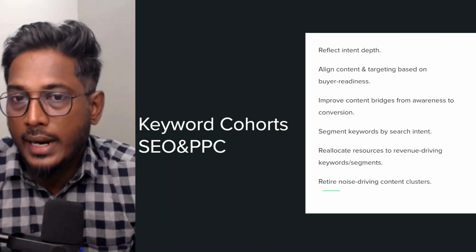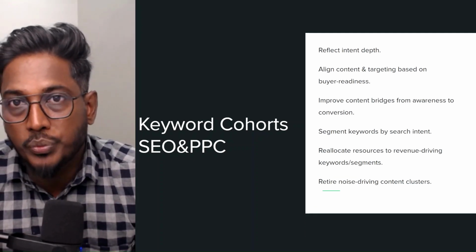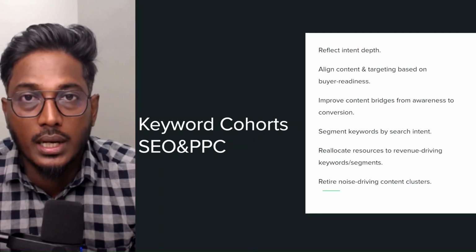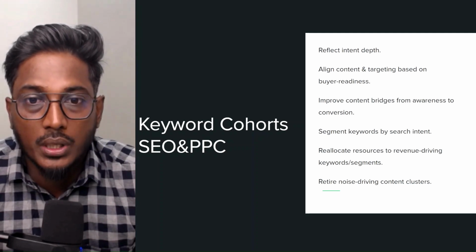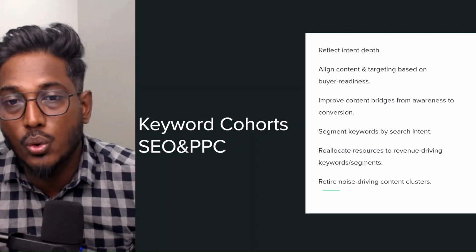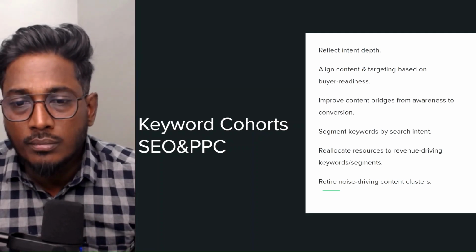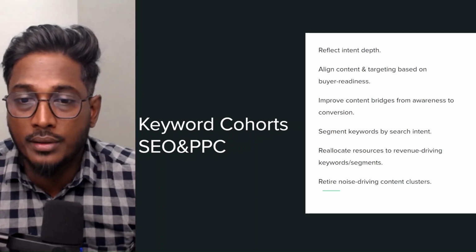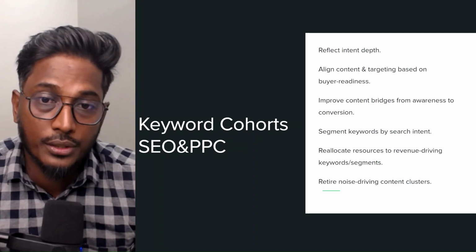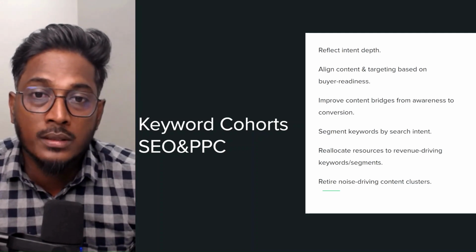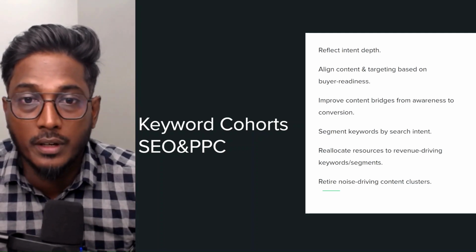So you can create some cohorts like leads disappearing after downloading educational content, leads stalling after gated content downloads, high engagement email sequences that produce faster SQLs, and sales ready leads consuming specific pages.